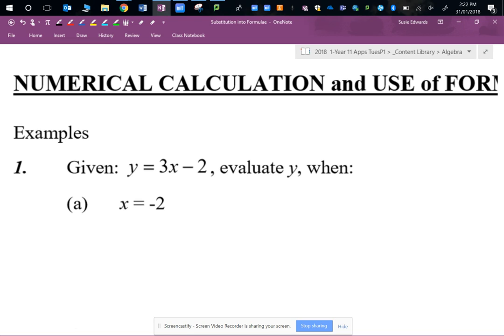The other thing you're expected to know is your integers. If a positive number is multiplied by a negative number, it's going to end up being a negative number. If it's two negatives multiplying by each other, it's going to be a positive number. If you're having trouble with integers, you need to make sure you're really working on it, because it's expected knowledge prior to this course.